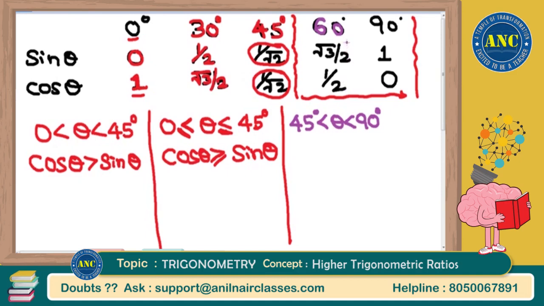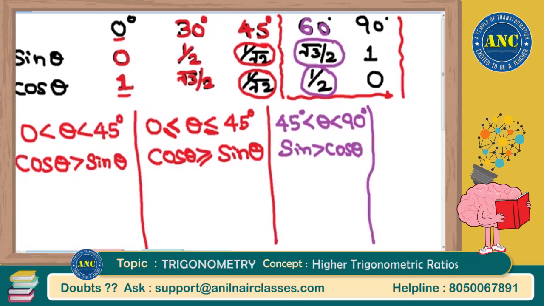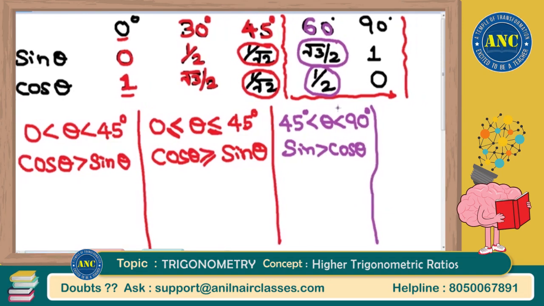If I take sin theta, the value is root 3 by 2, but cos theta is only 1 by 2. Sin is becoming greater than cos after 45. Sin theta is greater than cos theta after 45 degrees. But if I take theta equal to 45 degrees and less than 90 degrees, or less than or equal to 90, it makes no difference.